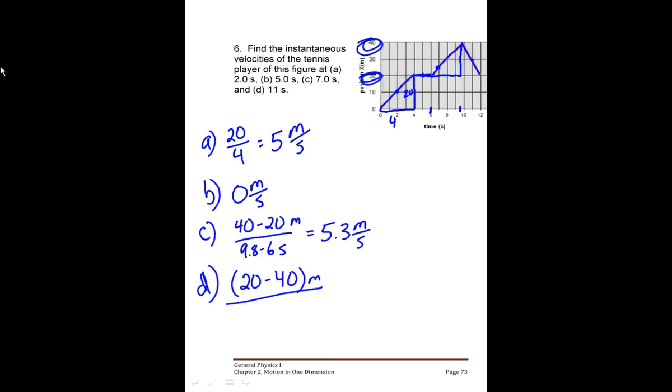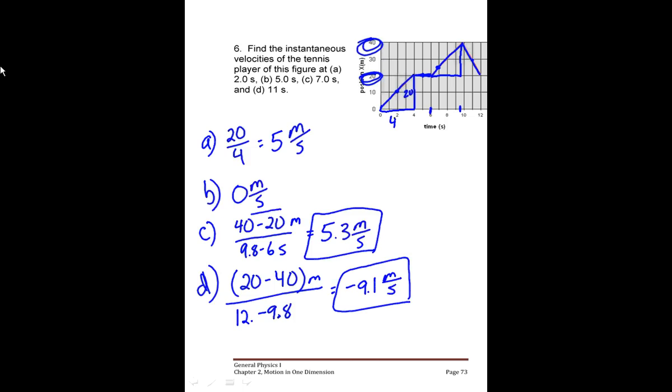And then the time, I said 12 minus 9.8. Again, you might have a slightly different value for that 9.8, depending on how you interpolate it. And I get minus 9.1 meters per second. So those are my answers. Those last two might be slightly different, but they shouldn't be terribly different from this.